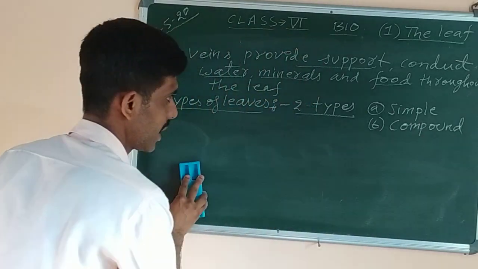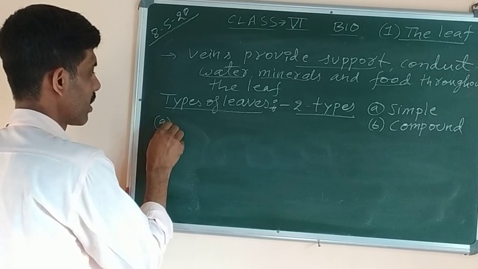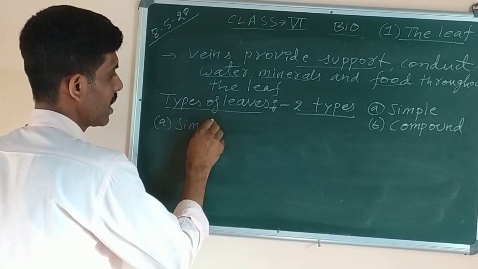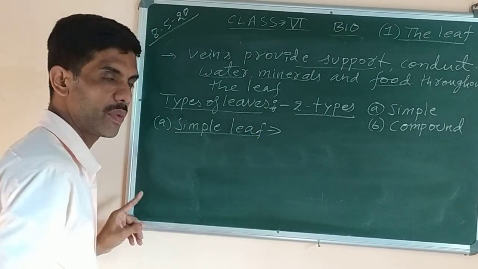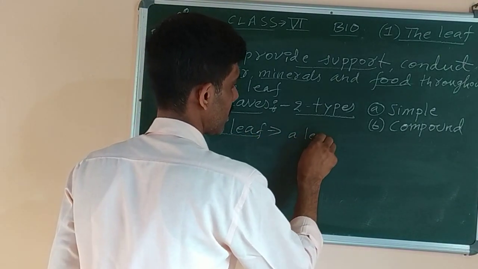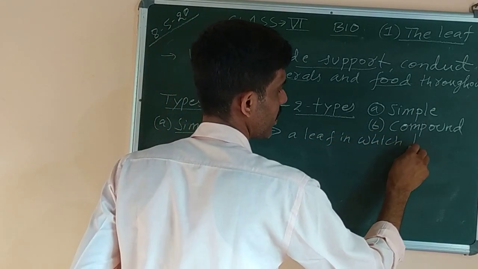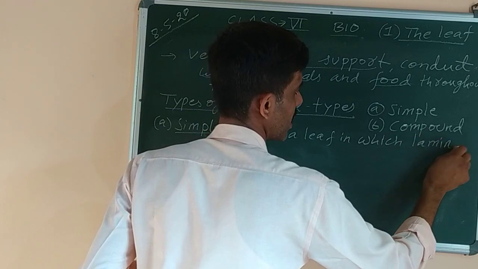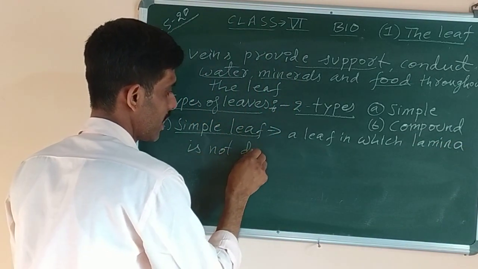Now first we have to study the simple leaf. What type of leaf is called a simple leaf? A leaf in which the lamina is not divided. For example, a mango leaf, in which the lamina is not divided.